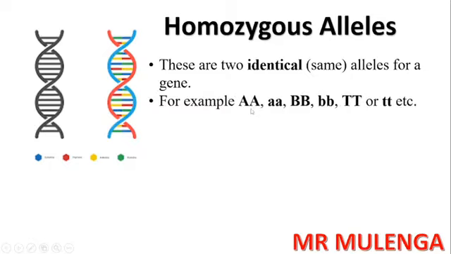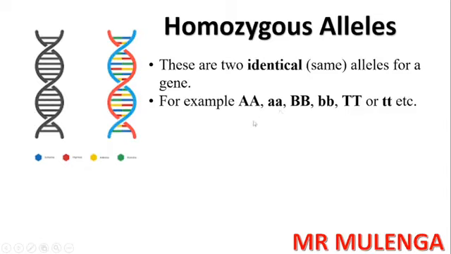We can have capital AA or small aa, capital BB or small bb, capital TT or small tt, as long as they are the same and two of them, either both capital letters or both small letters. These are what we call homozygous alleles.